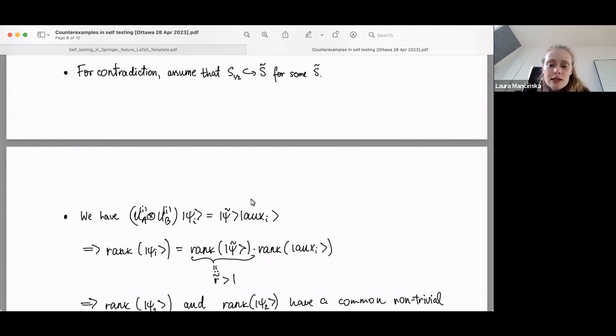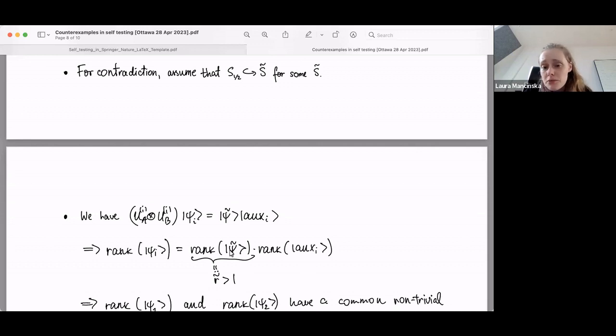All right, now I look at the right-hand side and I say, well, what I'm looking at is the Alice-Bob partition. And this psi tilde is shared between Alice and Bob, and this state is also shared between Alice and Bob. But then I have a tensor product here. So the Schmidt rank of this tensor product is just the product of the Schmidt ranks. So that's how I get the Schmidt rank of this state psi tilde times the Schmidt rank of this auxiliary state.